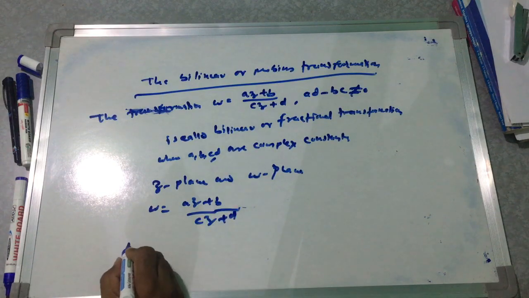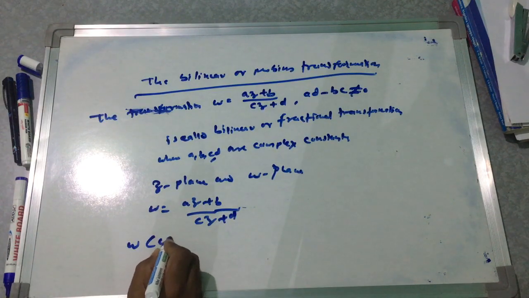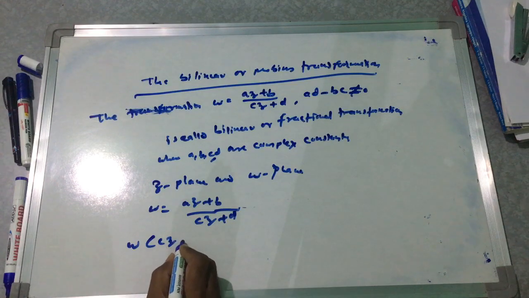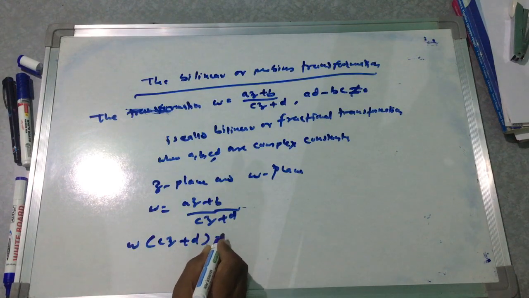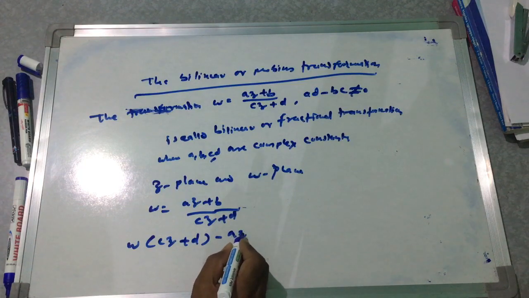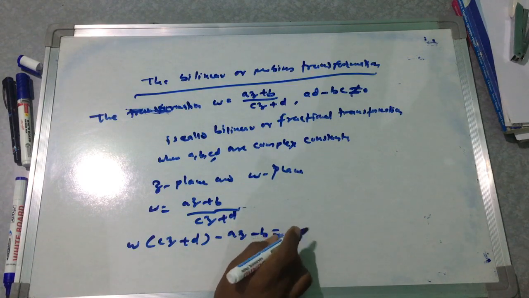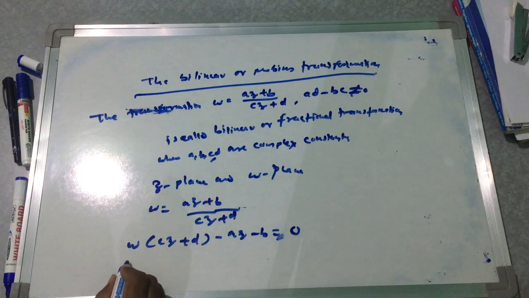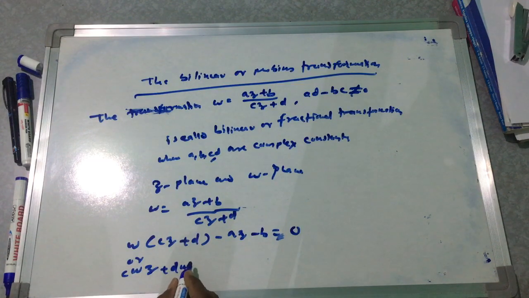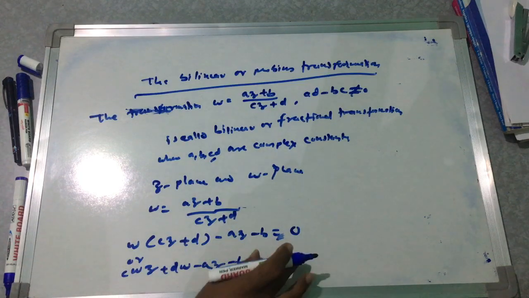This equation gives W into (CZ plus D) minus AZ minus B is equal to 0, or CWZ plus DW minus AZ minus B is equal to 0.